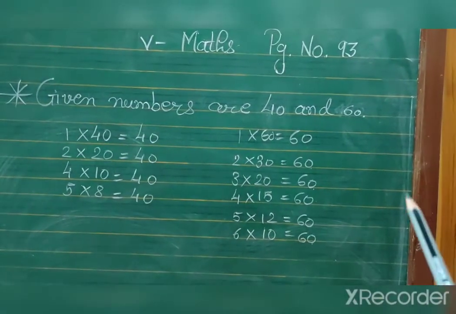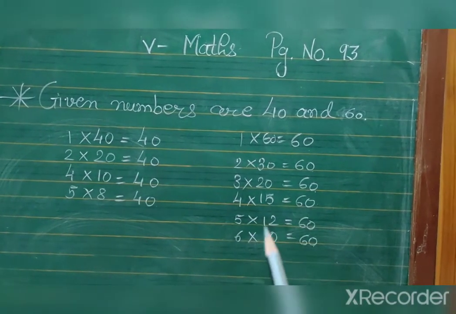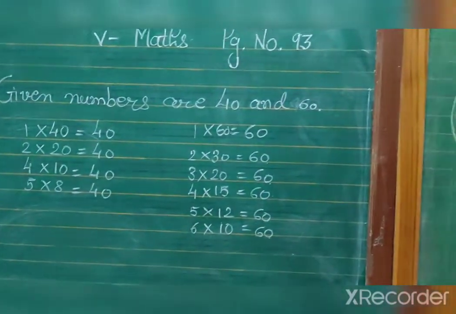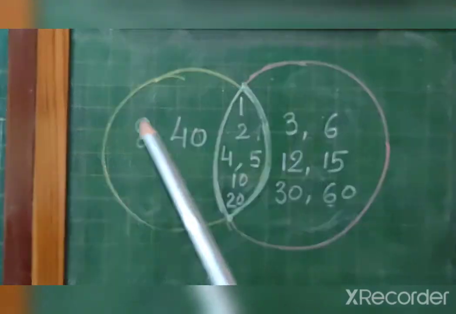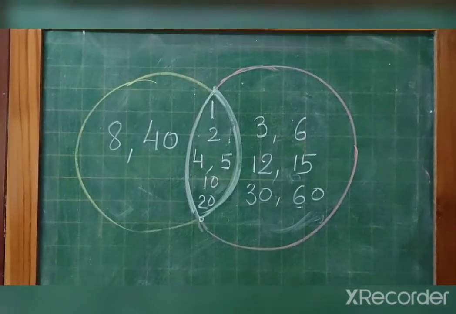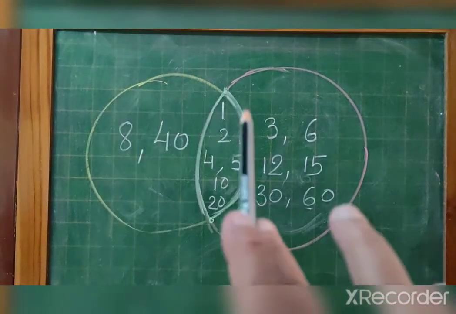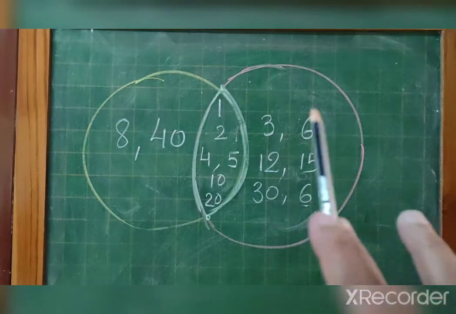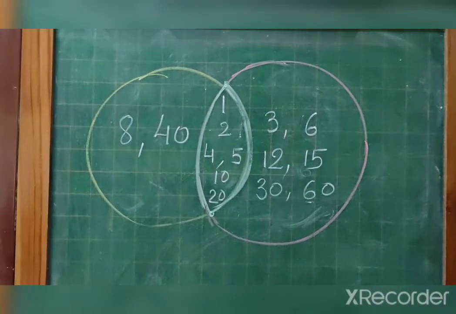Same way, 1 into 60, 2 into 30, 3 into 20, 4 into 15, 5 into 12, 6 into 10. You can see here. Now what you will do, you will draw circles in this way in your rough notebook. Now first, children, I am telling you, you will write all the factors of this, all the factors of this. Then check, 1 is here, 1 is here, so write in the common part. 2 is here, 2 is here, write in the common part.